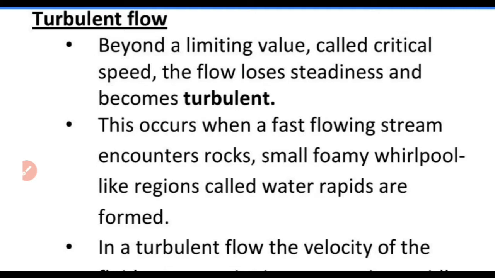And the streamlines are not at all parallel. This type of flow occurs when a fast flowing stream encounters rocks. That's what is happening in waterfalls. Small foaming whirlpool like regions called water rapids will be formed.